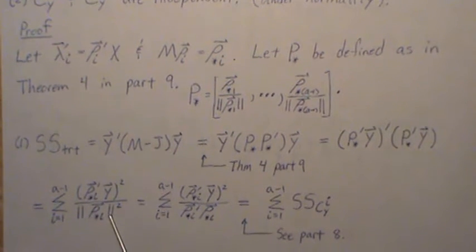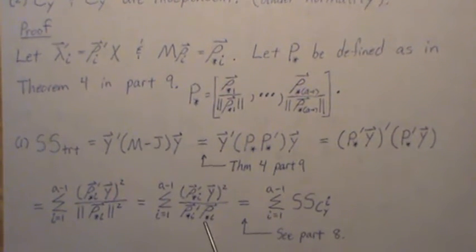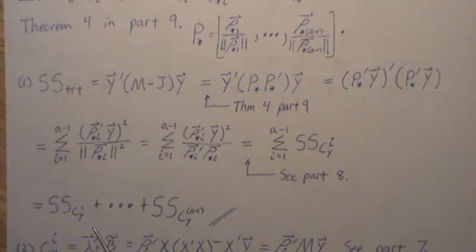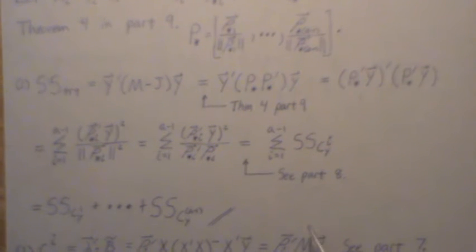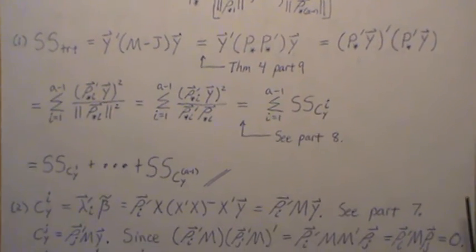But this right here, the norm squared, is actually just a vector product. And this right here was how we defined the sum of squares associated with contrast i, which is this. And see part 8 for more detail. So this sum becomes this. So the sum of squares for each of these orthogonal contrasts partition the sum of squares for treatment. And to me, that's a little mind-boggling that it does that.